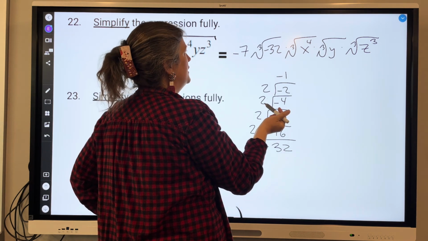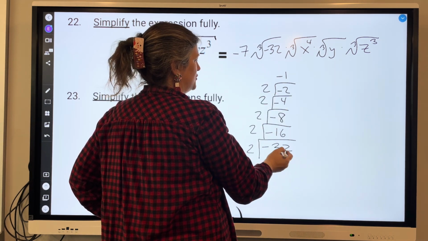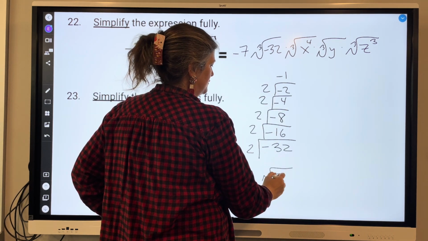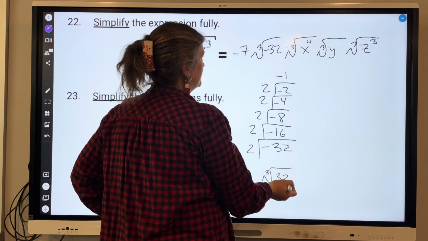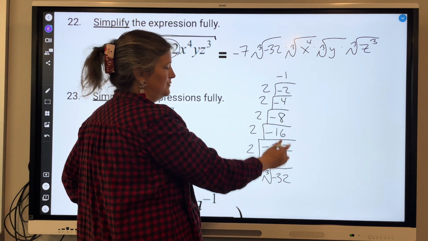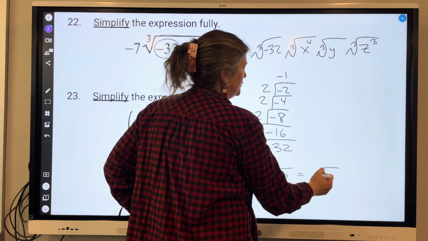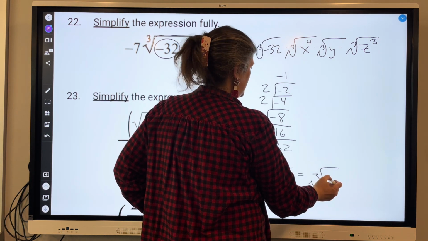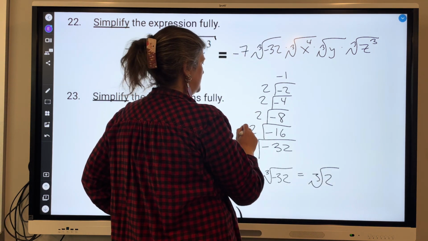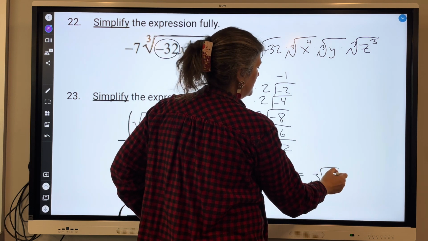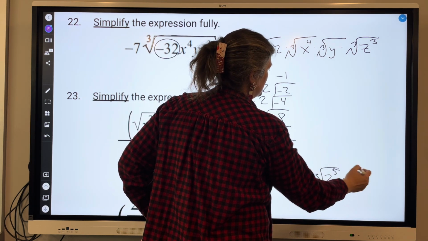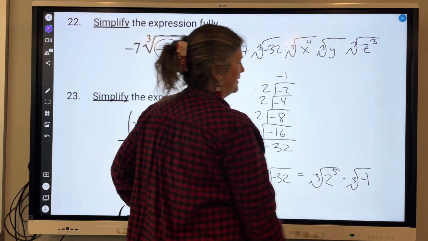Interesting. Okay, so I can rewrite the cube root of negative 32 as the cube root of 2 to the 1, 2, 3, 4, 5th power times the cube root of negative 1.